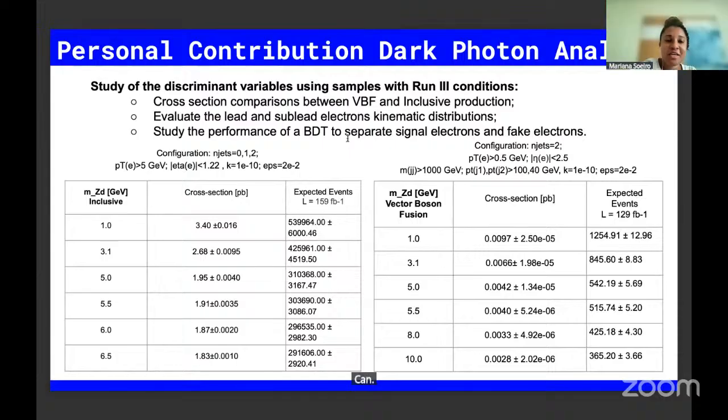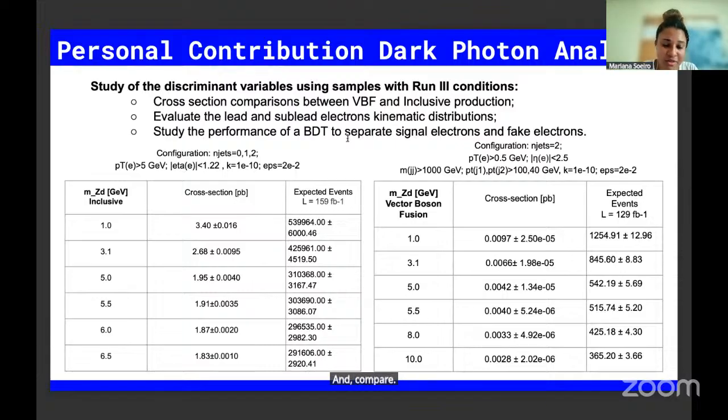This is a doubt I have. In a simultaneous fit or other combination scheme? Yeah, at the moment, we don't go that way. We treat them separately and compare.